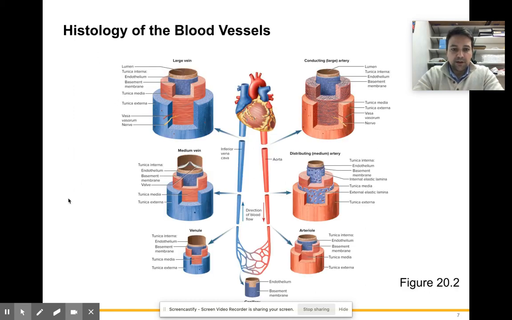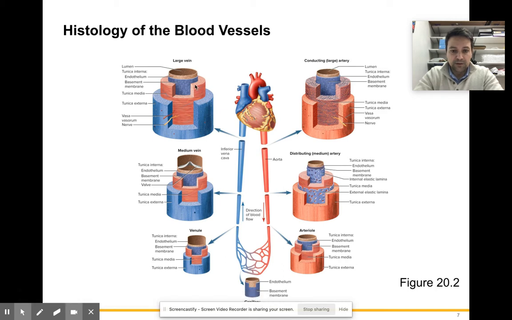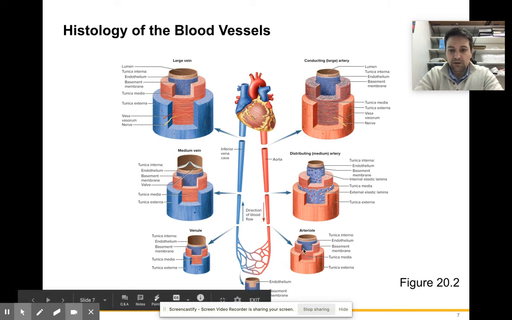Here we have a picture of the different layers in different types of blood vessels: large arteries, large veins, medium arteries, medium veins, small arteries, small veins, and finally our capillaries. We can see how the thickness differs between the tunica interna, the tunica externa, and the tunica media, between the different sizes of these blood vessels.